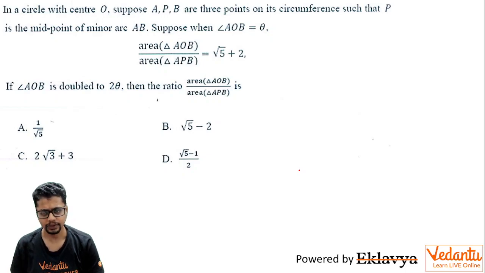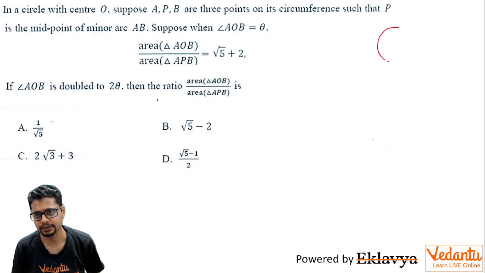So here, without loss of generality, let me consider a circle with radius 1, and center O, the origin.